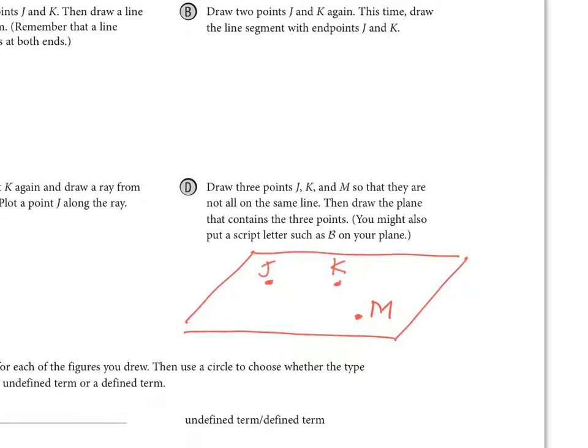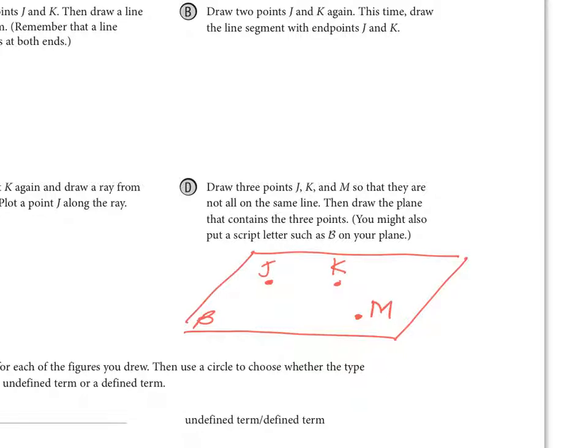So it is parallel to the ground. And I'm going to put this script letter B down here. You're usually going to see a script letter in one of the corners of your plane that you draw. Doesn't really matter which corner. Just kind of put it out of the way of the other point so you don't get it confused.